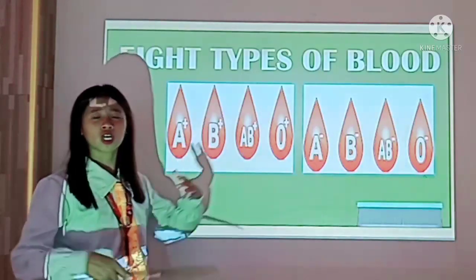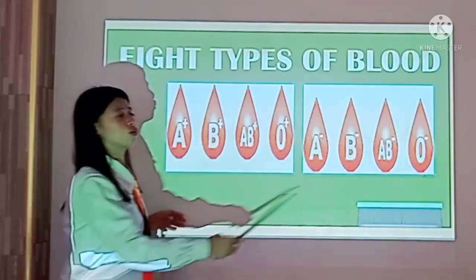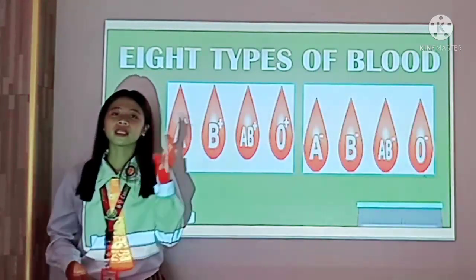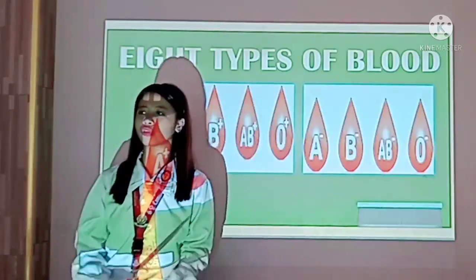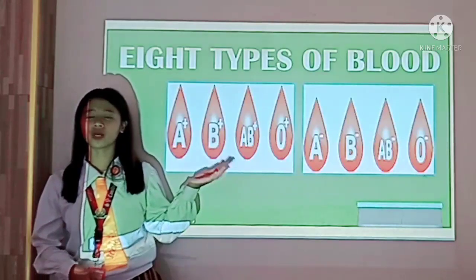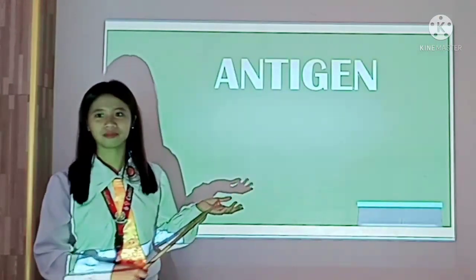Wherein, of course, we will be surprised to know again also that these types of blood will be determined by the complex protein that is situated in the outer layer of our cell membrane. In that case, we call it antigen. Alright.